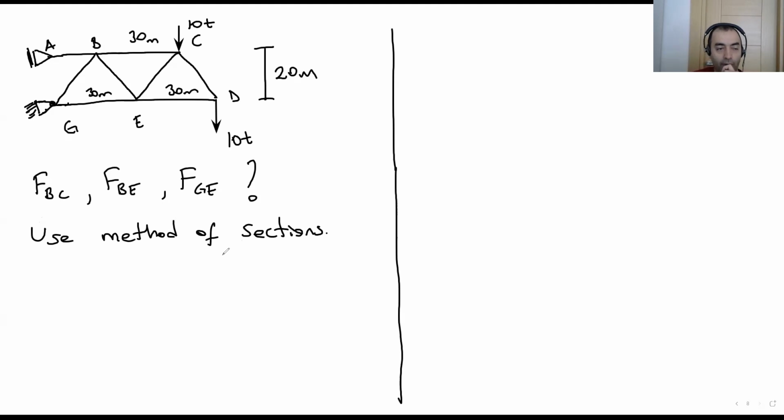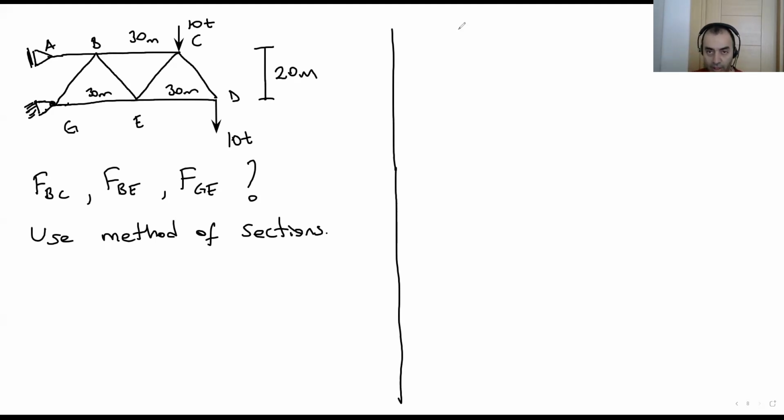Here, when we get the structural system, what are we doing first? We are calculating support reactions, regardless of the method selected. Okay, firstly, we are gonna calculate support reactions.